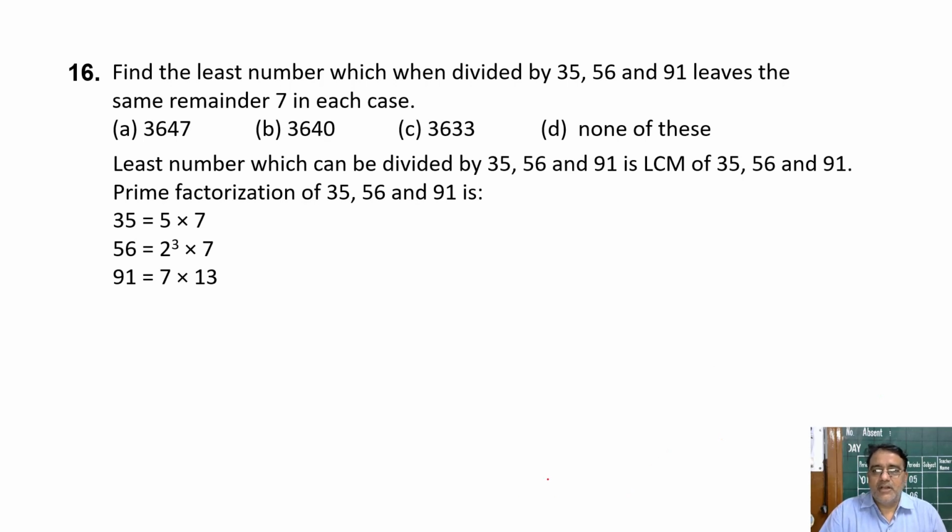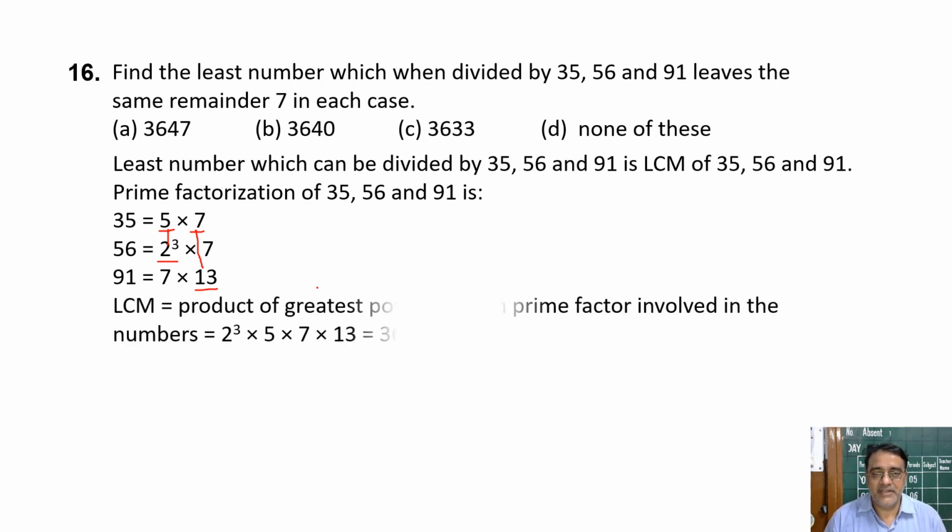So now LCM. LCM is the product of all the greatest powers of the prime factors involved in this prime factorization. So the highest power of 2 is 3, of 5 and 7 it is 1, and there is 13. So see, 5 into 8 is 40 and this 2 is 91. 91 into 40. 91 into 4 is 364. So 3640.